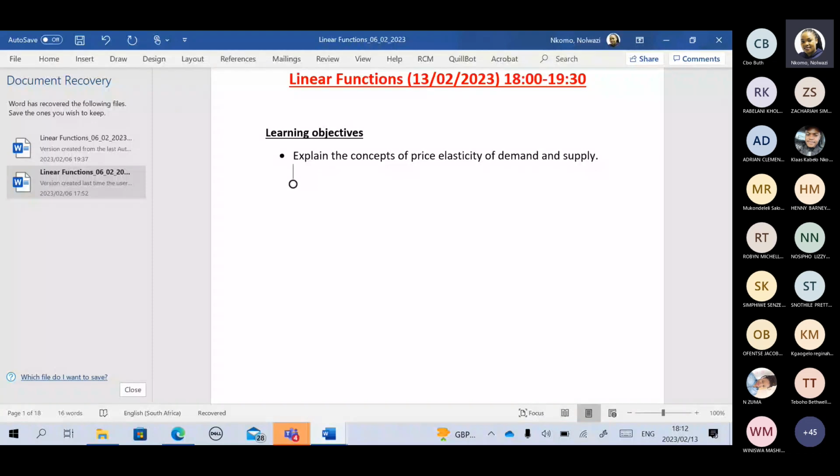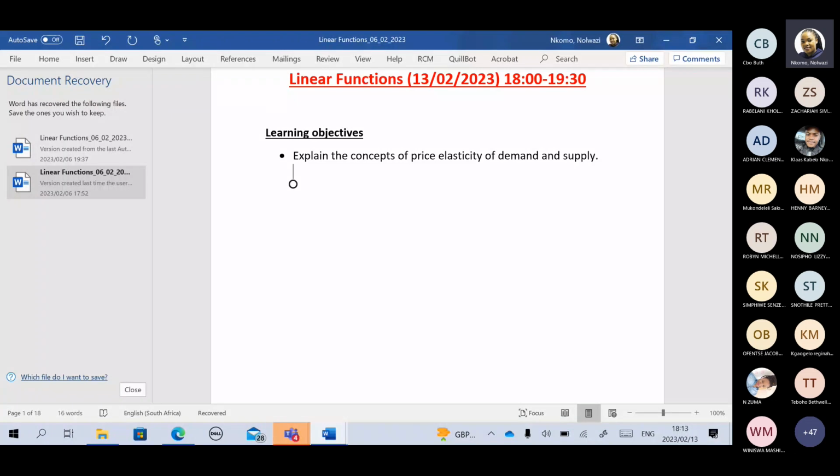For example, if the price of a product is 900 per unit, you need to know if a 10% increase in price will result in a 10% decrease in demand, or would it have a larger percentage decrease in demand? The reason we need to know this is that if you increase your price, will it affect the demand of whatever product you are selling?